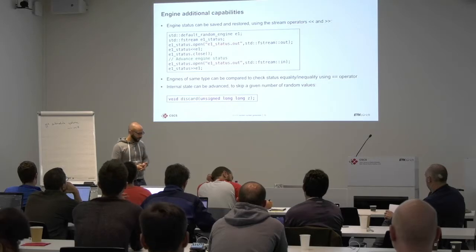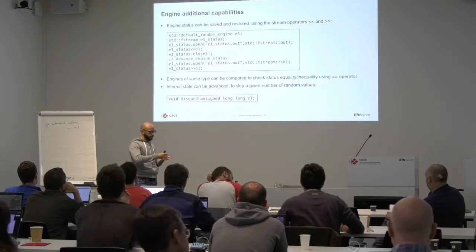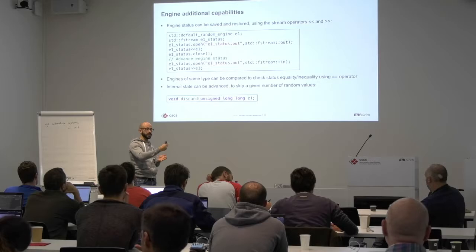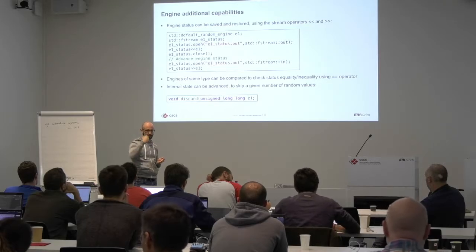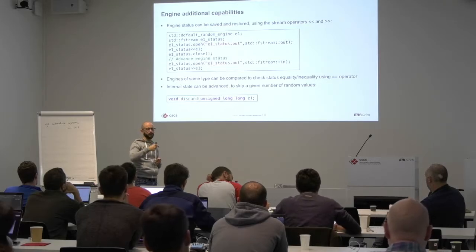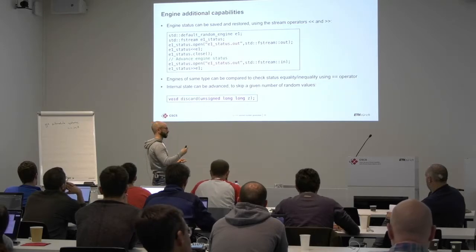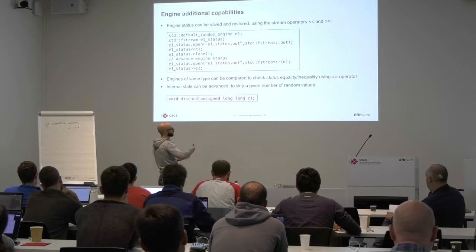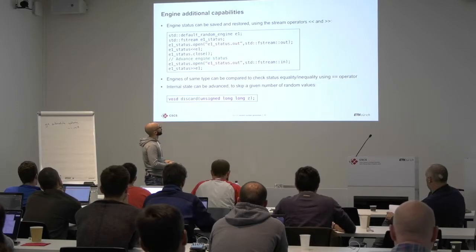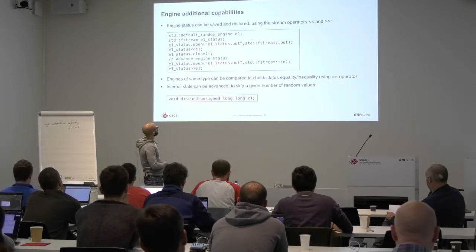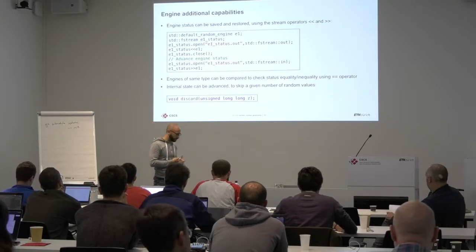In this case, you can print this checkpoint file that contains the status of the generator, which can be restored in case something goes wrong with your simulation. You don't have to start from the very beginning. You can start from the last checkpoint of your simulation, just resetting the generator to the last printed status. So I think that this is important.